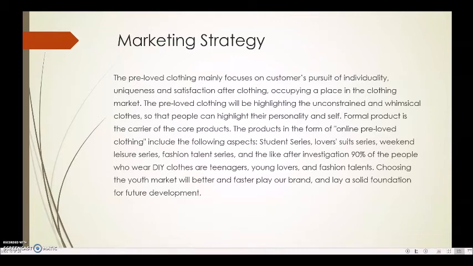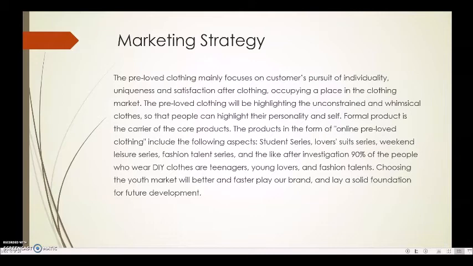The pre-loved clothing mainly focuses on customers' pursuit of individuality. That means the uniqueness and the satisfaction are very important after they buy their clothes. The pre-loved clothing will highlight restrained and whimsical clothes so that people can highlight their personality and self.